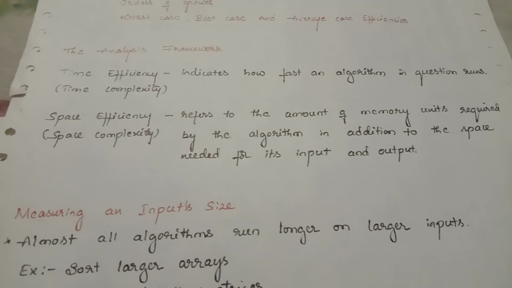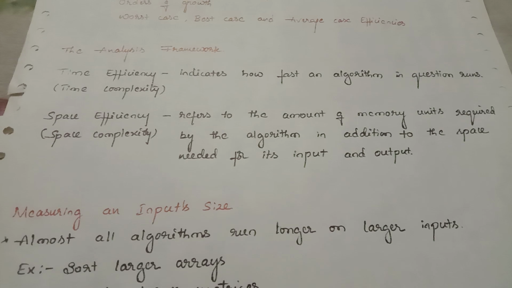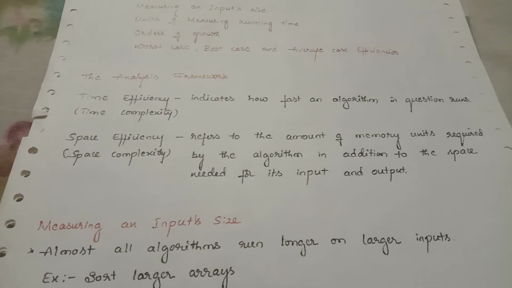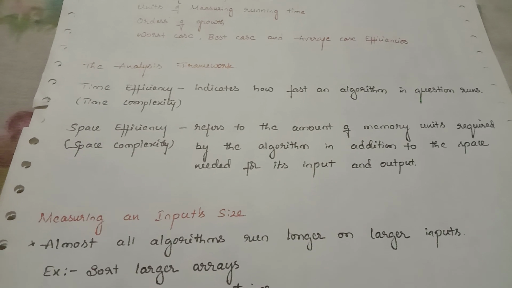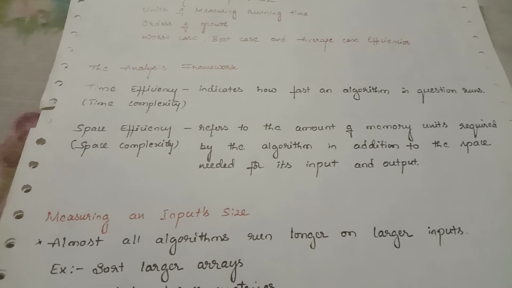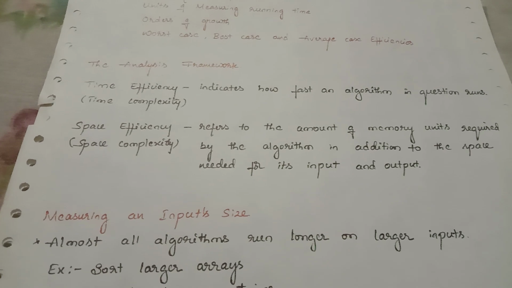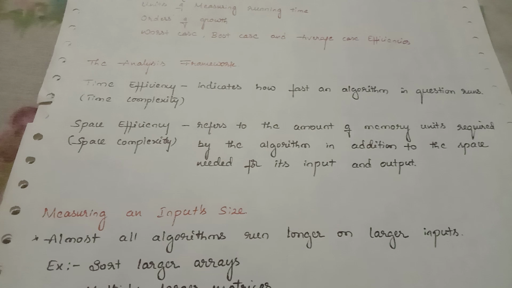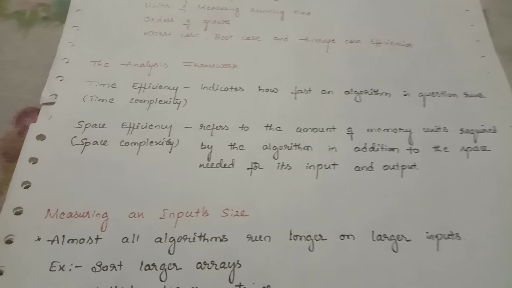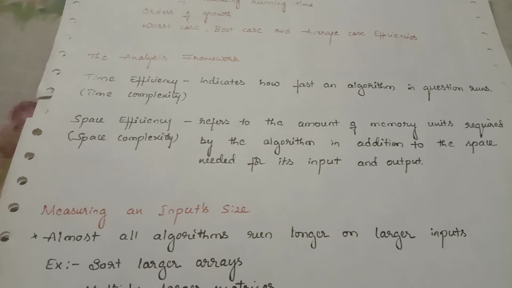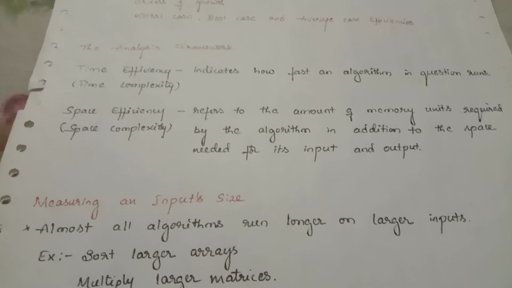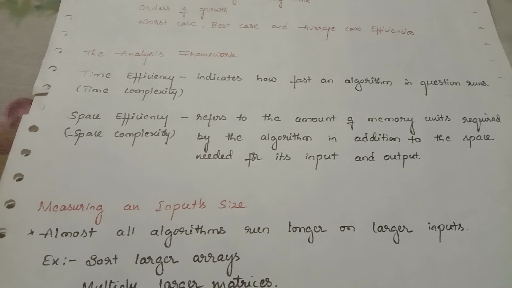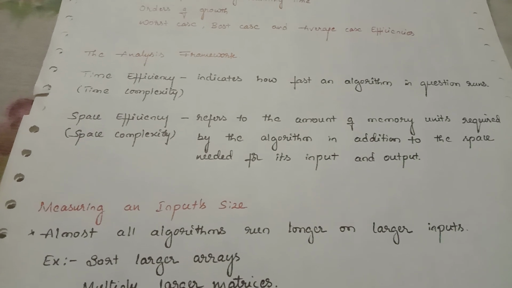Now, when we start the analysis of an algorithm, the very first thing is that usually we have to measure the time efficiency, that is, how fast the algorithm which we have designed is going to run. Anybody who is going to choose an algorithm doesn't choose one which runs very slow, right?